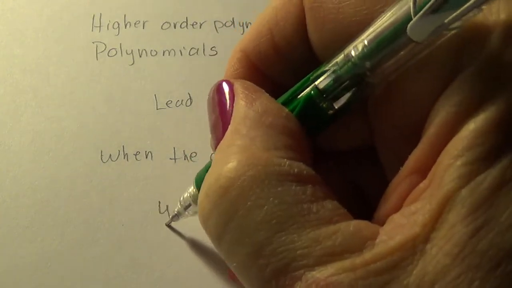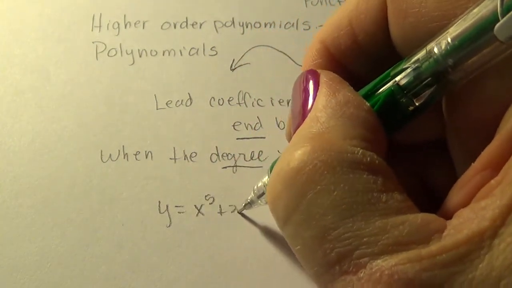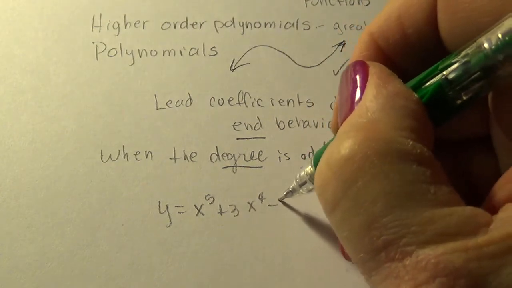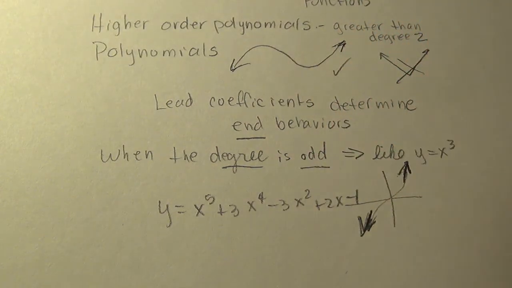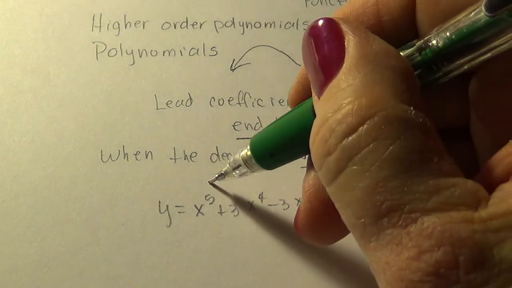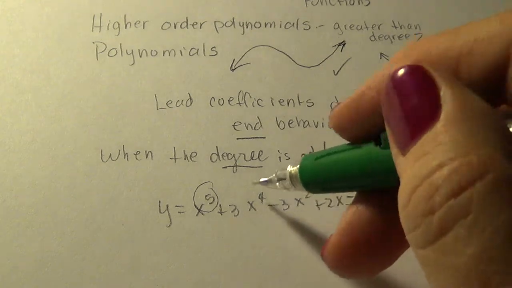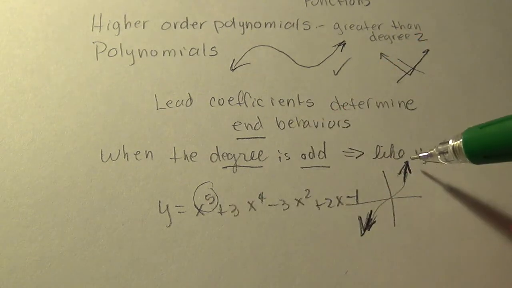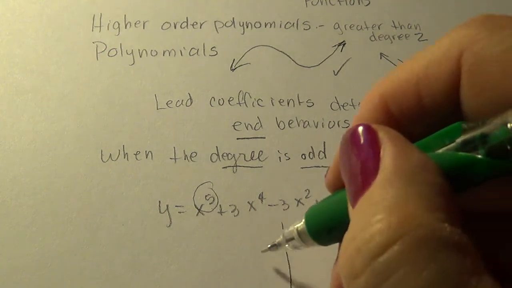So if we have y equals x to the 5th plus 3x to the 4th minus 3x squared plus 2x minus 1, that is degree 5. The greatest exponent is 5. So it is an odd number and it's going to act in the ends like x cubed.